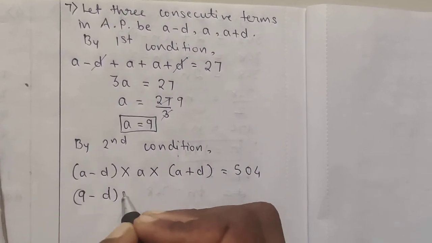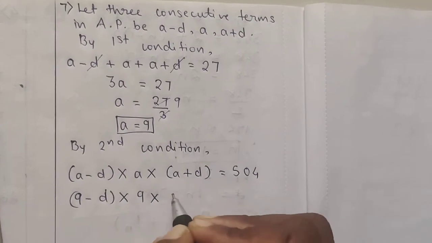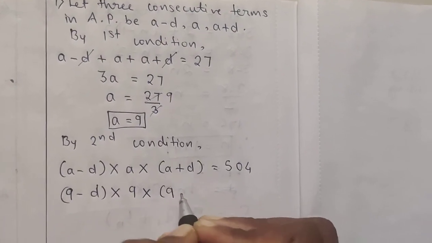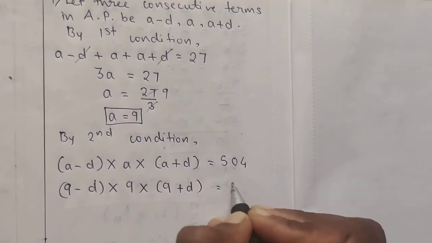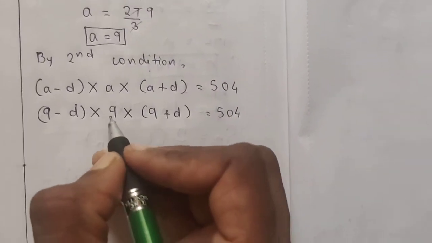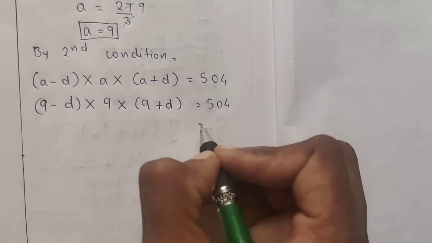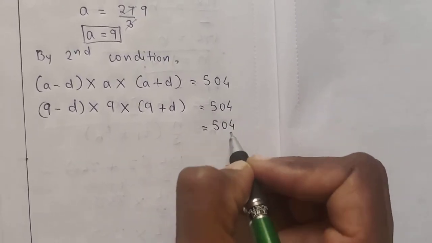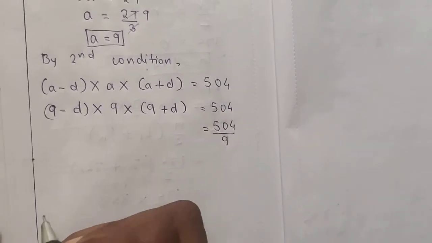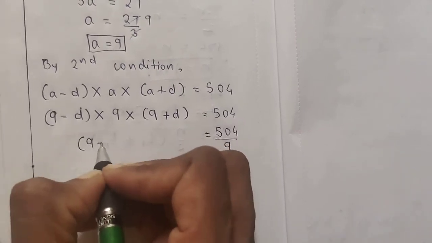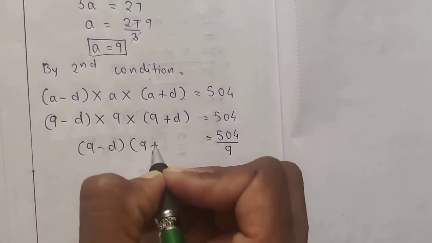So this becomes (9 minus d) into 9 into (9 plus d) equals 504. Okay, now in the next step I am going to transfer this 9 to right hand side, so that it becomes 504 upon 9. Okay, now what is remaining here? 9 minus d, 9 plus d.